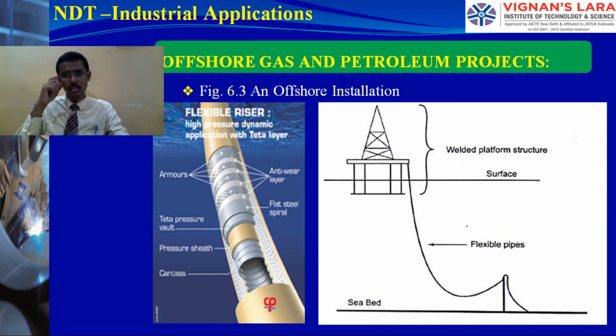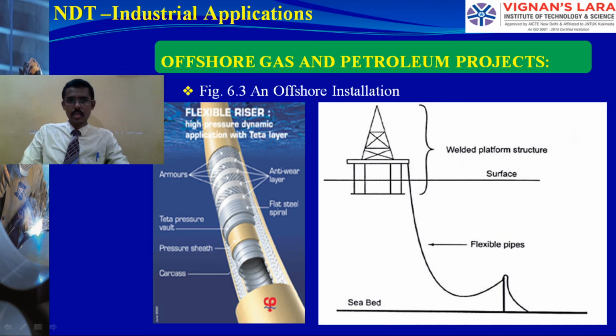So this is how it looks. A 2D line sketch is given there. See, we have a structure here. It means a large welded platform structure, with helipads and refining setups, a big offshore setup.